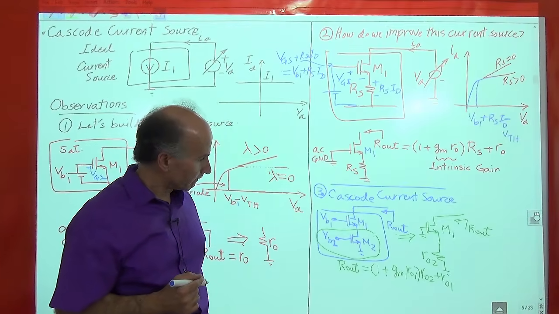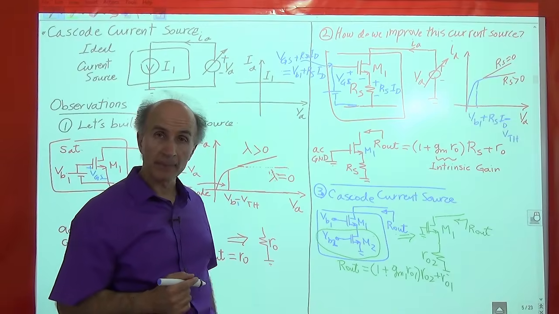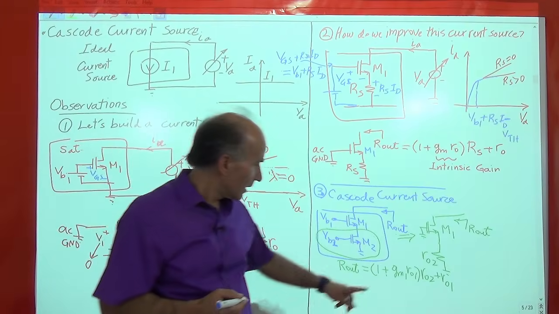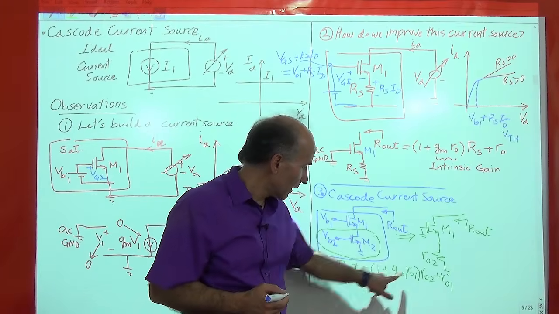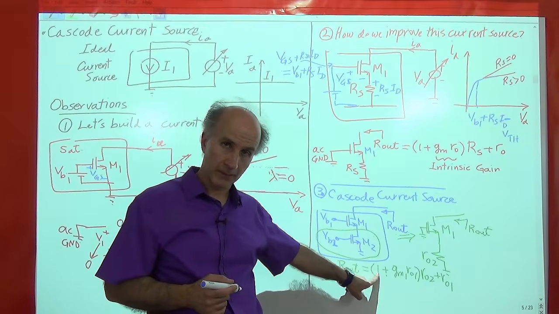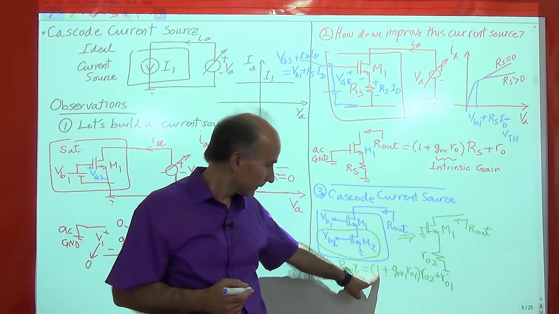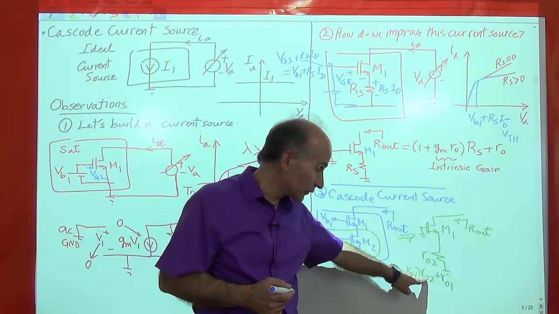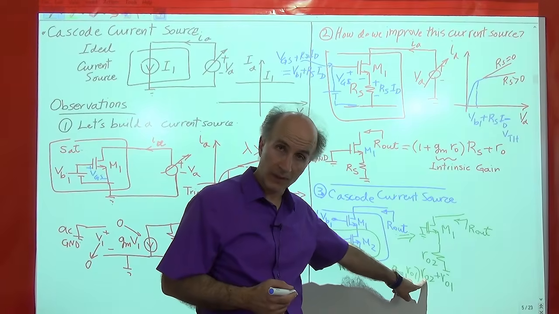Okay, is this a high number? Well, we can simplify things and see. Let's assume that GM1RO1 is much greater than 1. Let's also assume that GM1RO2 is much greater than 1.